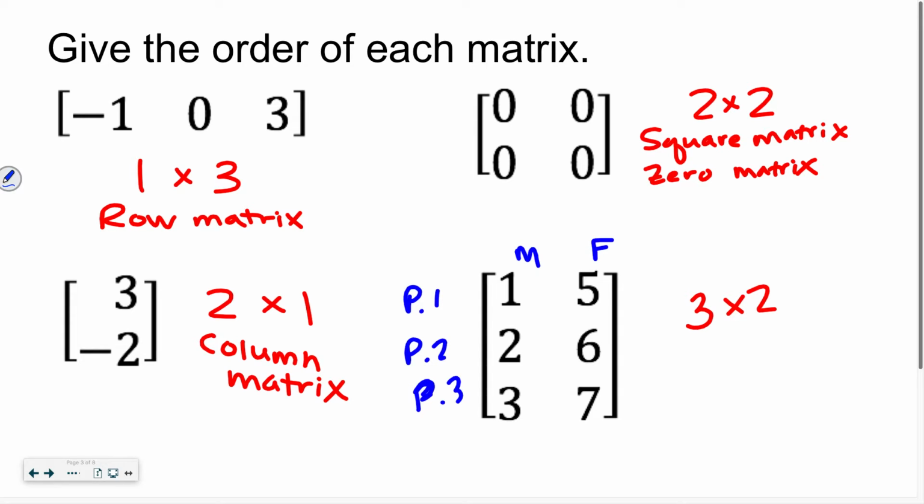So I have 1 male student in period 1 and 5 female students in period 1, but I have 3 male students and 7 females in period 3. Okay, so then it's all organized. And it doesn't matter what those groups could represent. But then it applies meaning to each entry. Like when we look at 2, we know that's the number of males in period 2. So just be aware that when you get to that on the homework, then you're assigning some kind of meaning so you can think about those values.